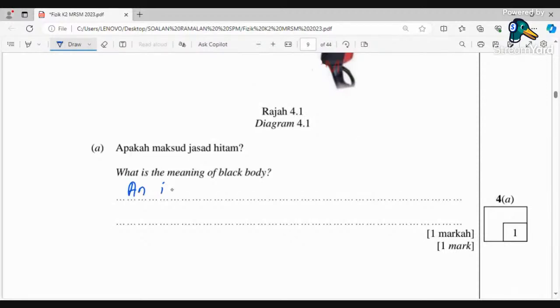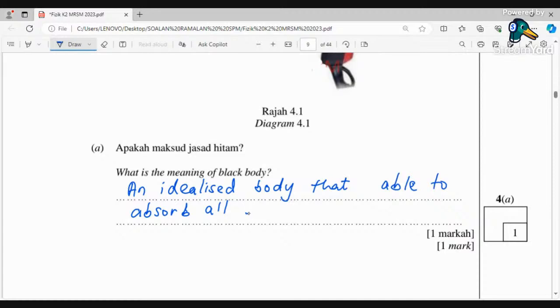Okay, ialah an idealized body. Ideal tu perfect lah. That able to absorb all electromagnetic radiation falls on it.